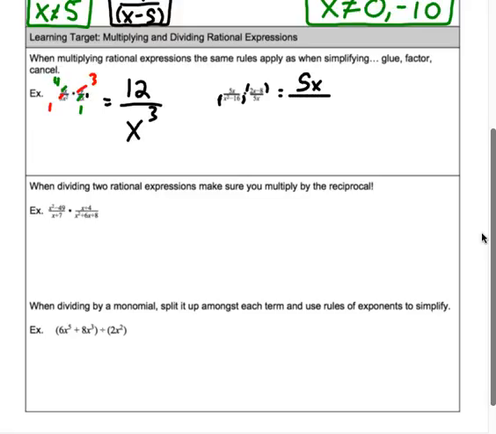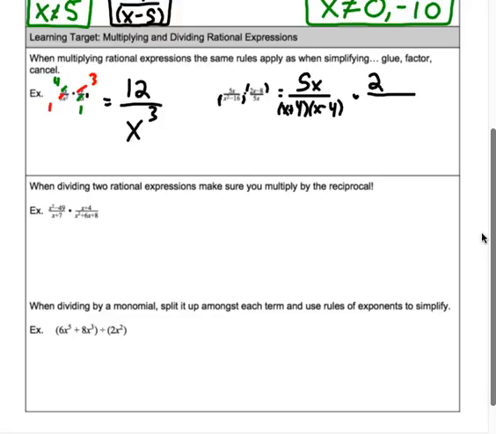x squared minus 16, that is two perfect squares being subtracted. So remember, that's going to be our difference of squares pattern. X and x to give us the x squared, 4 and 4 to give us the 16. 2x minus 8, I see a greatest common factor there.